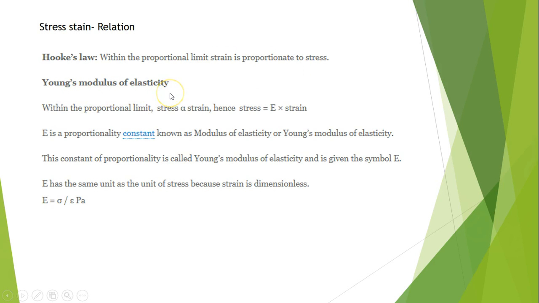Hence the slope is called E, and the stress, which is the ordinate, will be equal to the modulus of elasticity multiplied by the strain, whereas E is the proportionality constant, known as the modulus of elasticity or Young's modulus of elasticity, denoted by the capital E.